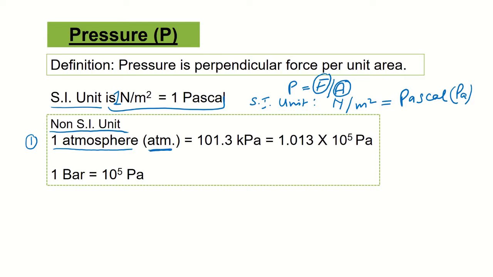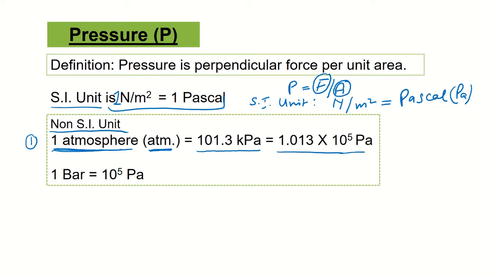So 1 atmosphere is equal to 101.3 kilopascal. This is one relation between the atmosphere and the kilopascal. One atmosphere is also equal to 1.013 into 10 to the power 5 Pascal.